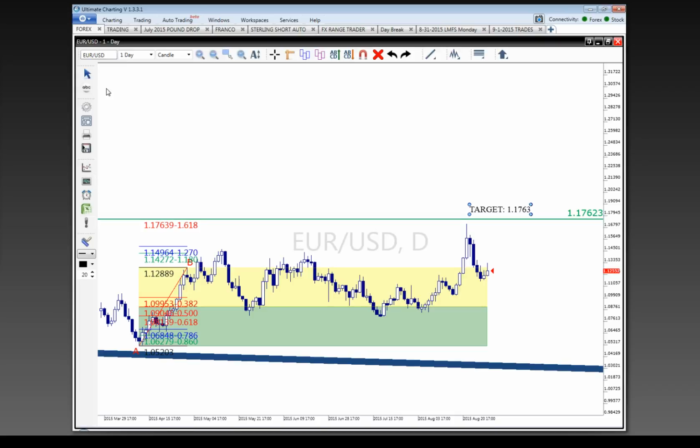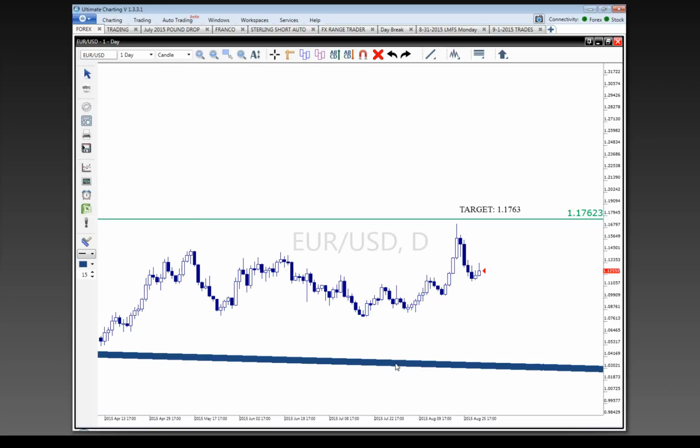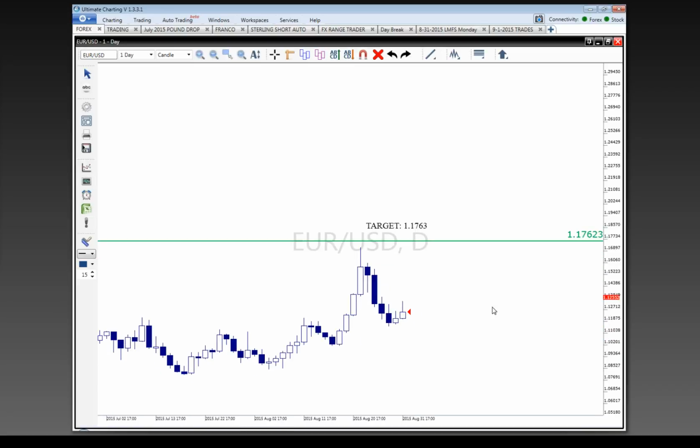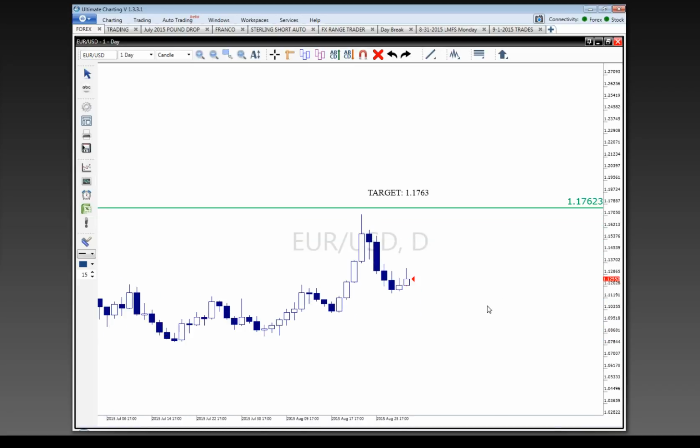And we're going to talk about buying the euro right now. If this is our target, and this is the current trend, I just want you to look.